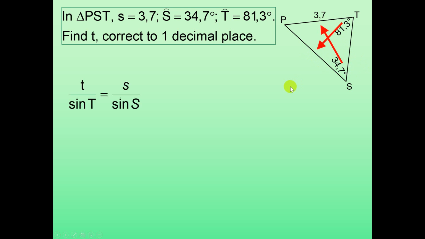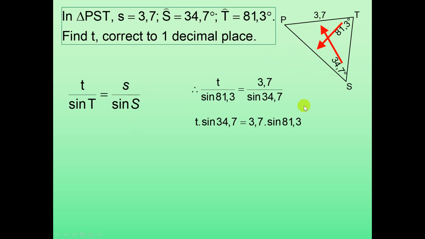So let's start with the formula. t over sine T is equal to s over sine S. Now we're going to substitute the values. We have t over sine 81.3 is equal to 3.7 over sine 34.7. Cross multiply: t times sine 34.7 is equal to 3.7 times sine of 81.3.